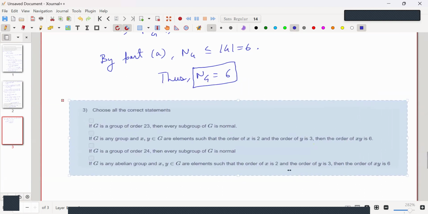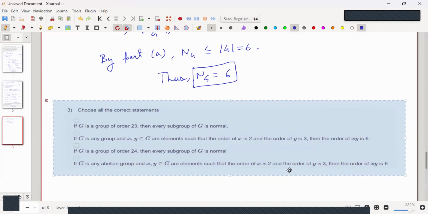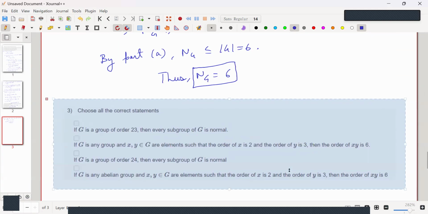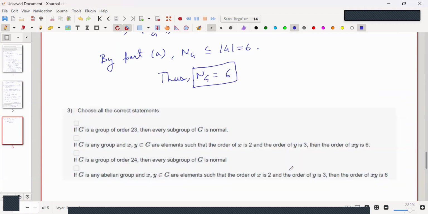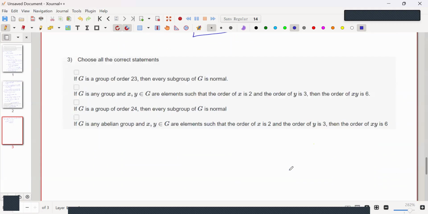We have to choose all the correct statements. If G is a group of order 23, then every subgroup of G is normal. Is it true? Yes. Why? The only possible subgroups are the trivial group and the group G itself, and they are always normal in the group. Why are they the only subgroups? 23 is a prime number.